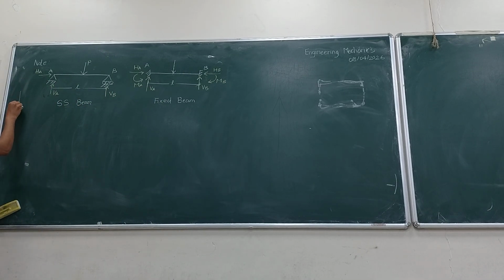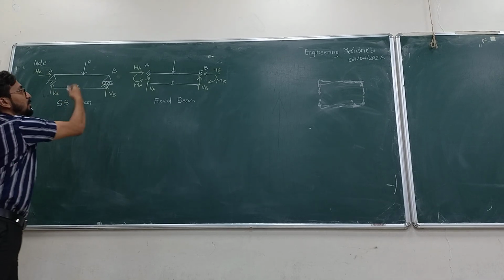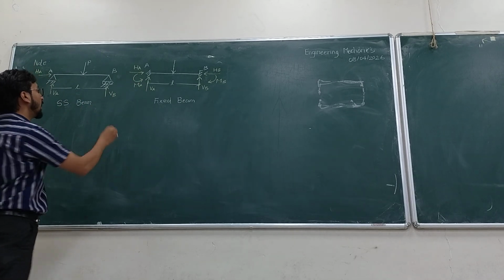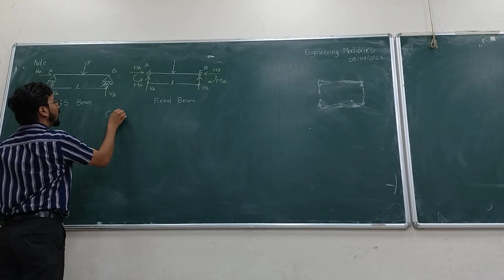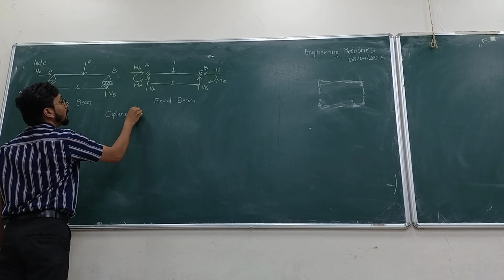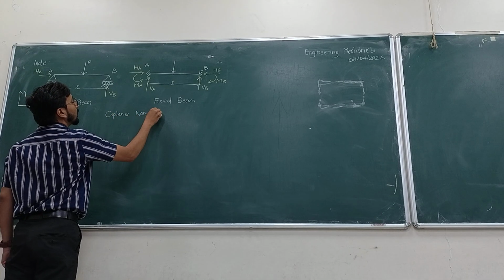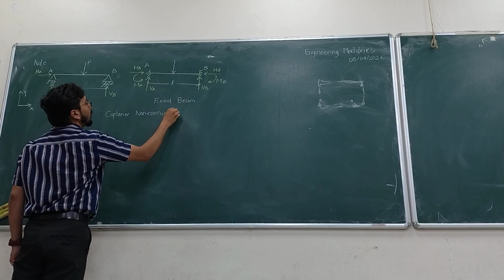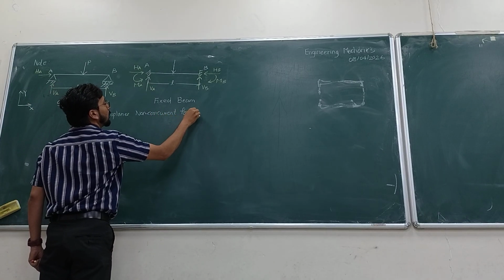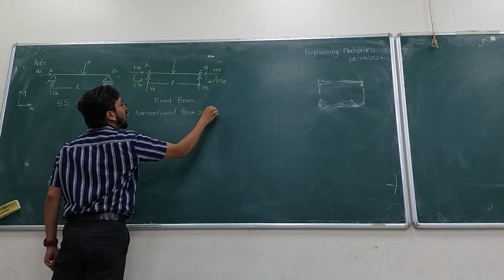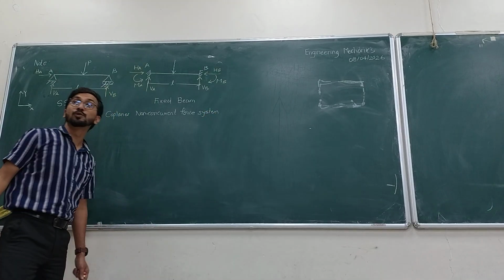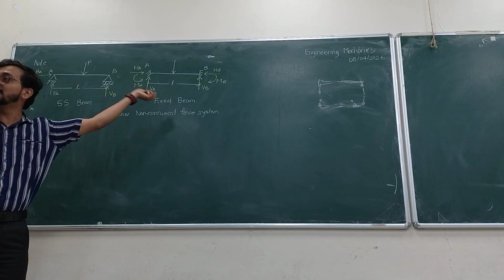Now both of them are a particular type of force system. If I indicate that this is the x axis, this is the y axis, tell me what type of force system these two are? Coplanar and non-concurrent force system. Yes or no? So how many equations of equilibrium are useful to analyze this particular beam?